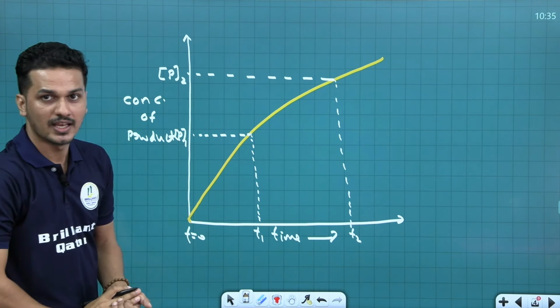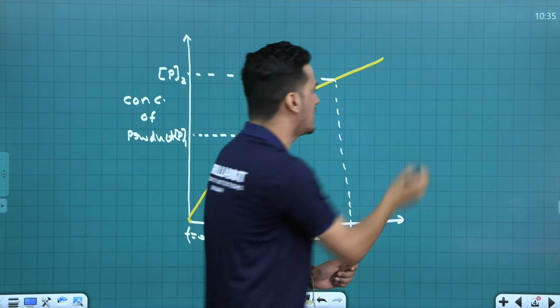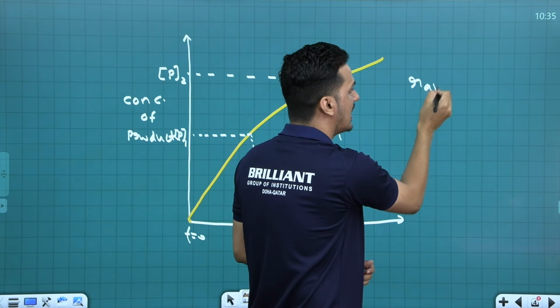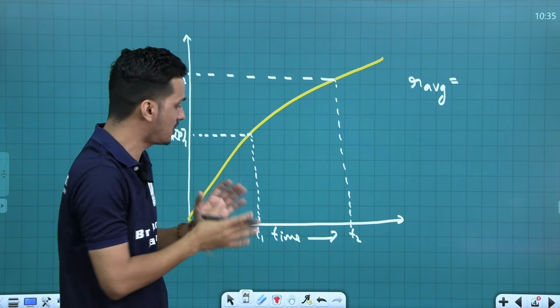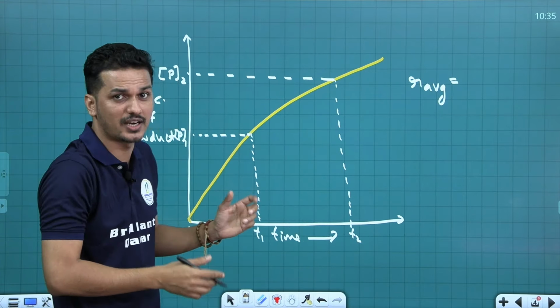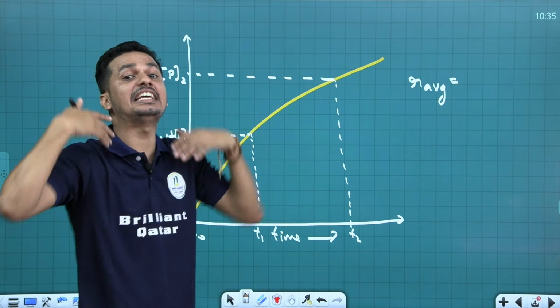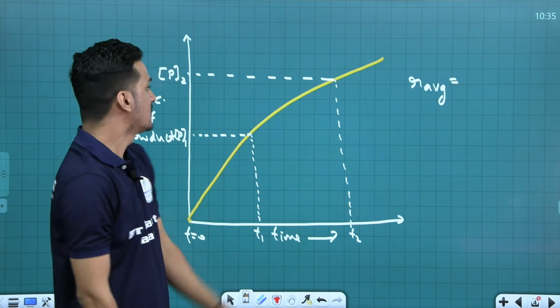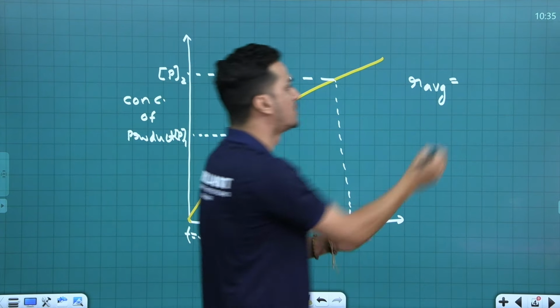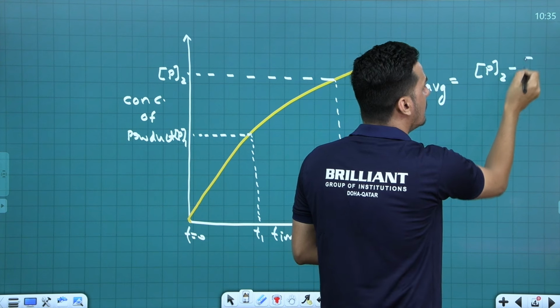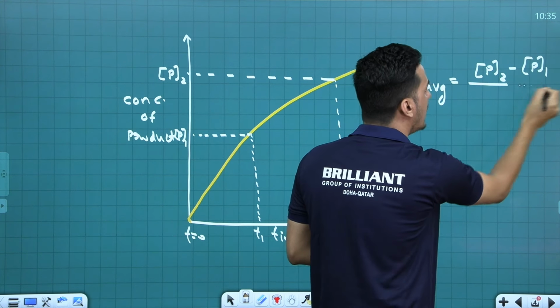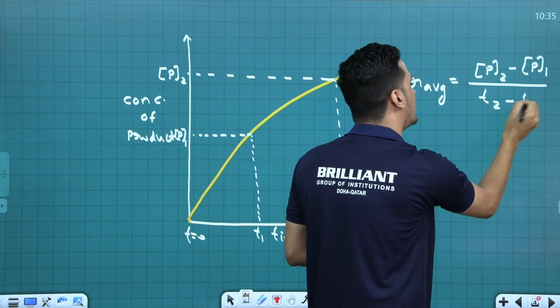Then how can I express the R average? I can express it in terms of product: it is the increase in concentration of product. So the final concentration of product P2 minus P1, divided by T2 minus T1.